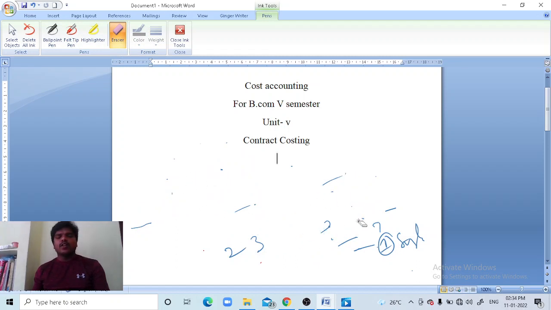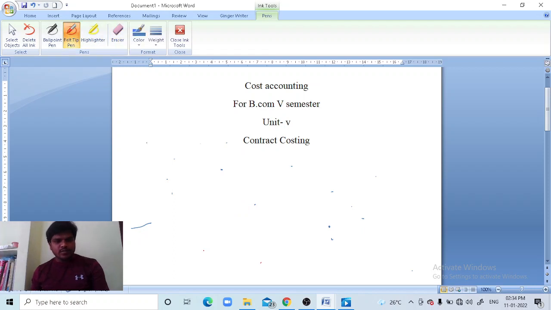In contract costing, there are two parties involved, called contractor and contractee.